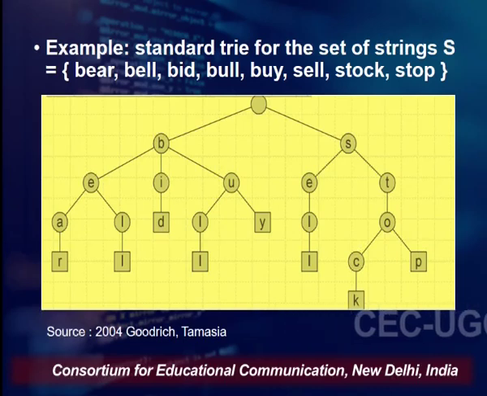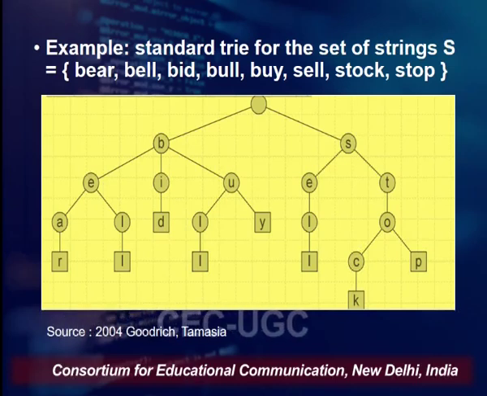The set of strings is denoted with the letter S, and the strings this trie denotes are bear, bell, bid, bull, buy, sell, stock and stop. Now, what is particular about this string set S?